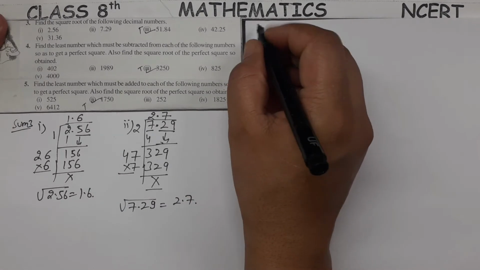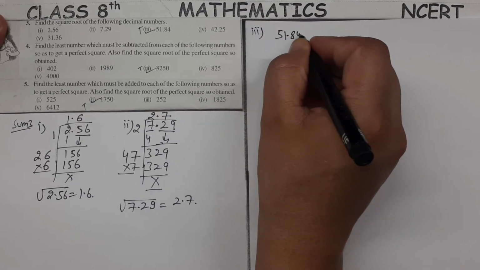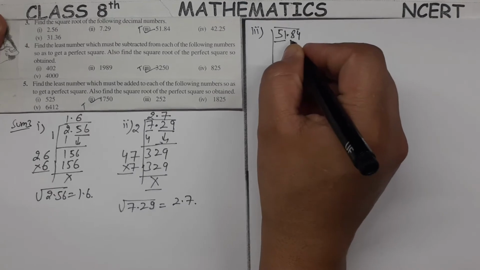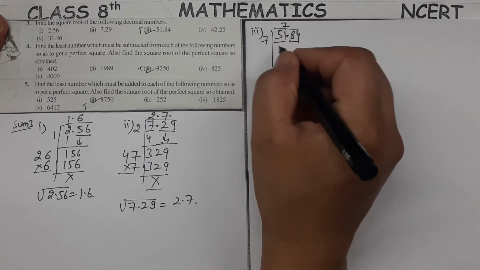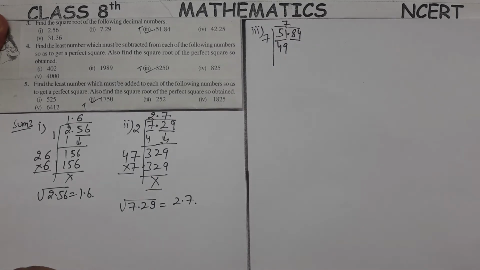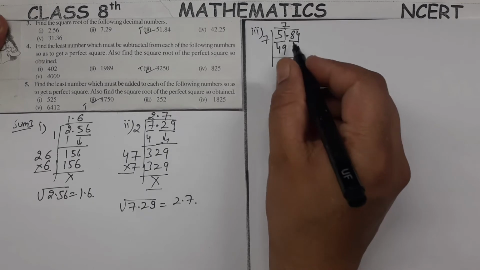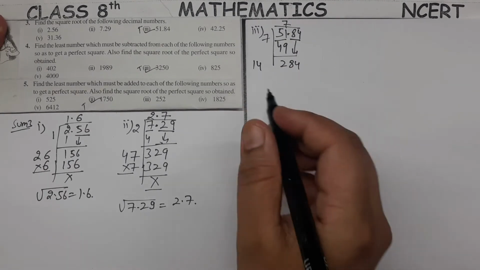Next is part third, 51.84. Pair after the decimal from 8. 7 sevens are 49, minus, 2. After the decimal pair 84. Double of 7 is 14.